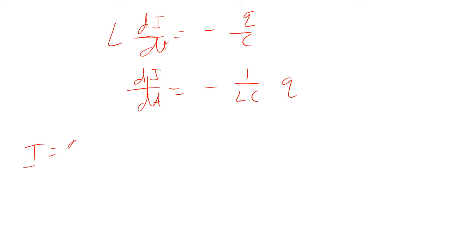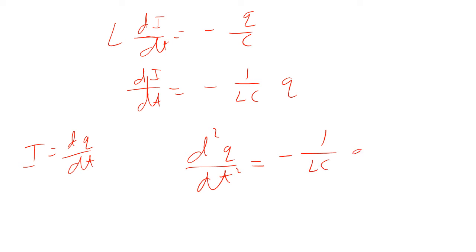So that means we have the second derivative of Q with respect to time equals minus 1 over LC times Q. And so we want to solve that equation.